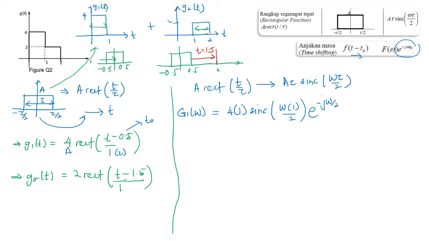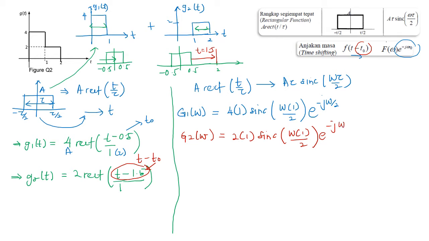And then your G2(omega) equals A tau sinc(omega tau over 2). And with this shifting property, t minus t naught, where t naught is 1.5, there is multiplication with the exponential function e to the negative j omega t naught, which is 1.5 or 3 over 2.